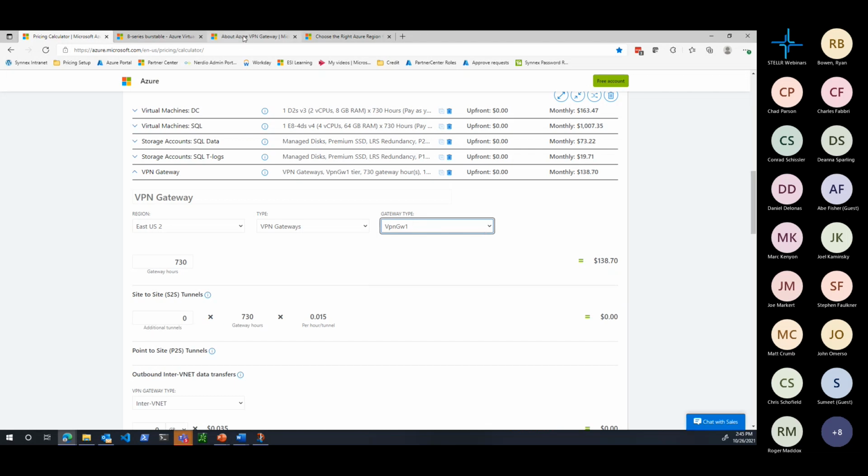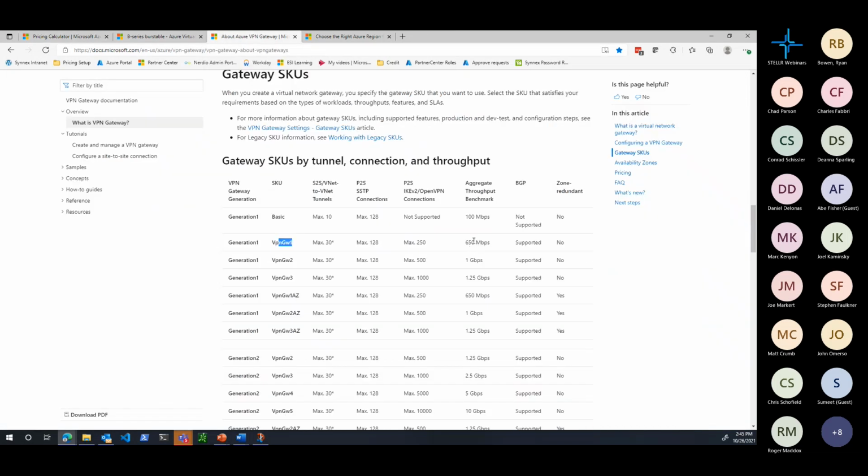Now, it just depends on what your use case is, because you get 650 megs of throughput. BGP is supported. You get the point-to-site OpenVPN connections at 250, and then you can add an additional 20 site-to-site tunnels at cost.